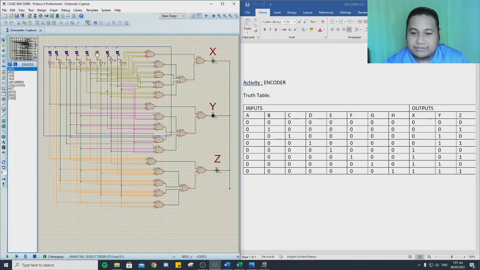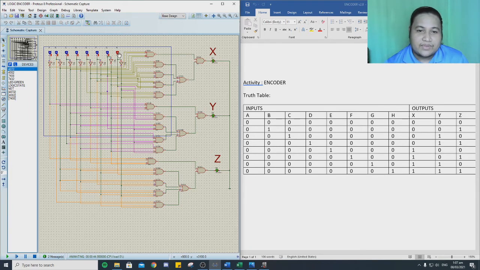If F is the only input, you will have only Z. If you have F as your input only, you have X and Z. If you have only G, you will have X and Y. And if H is the only input, you will have all of them lighting up.